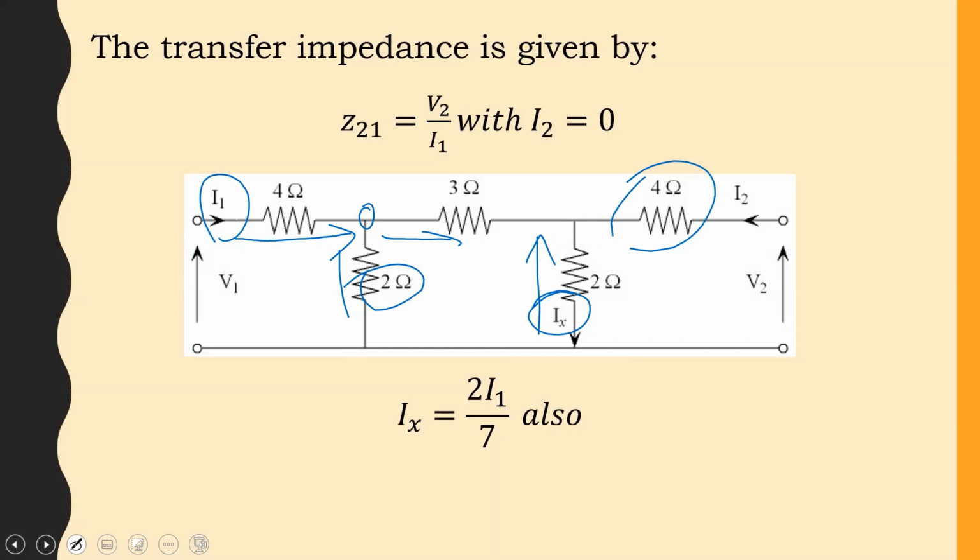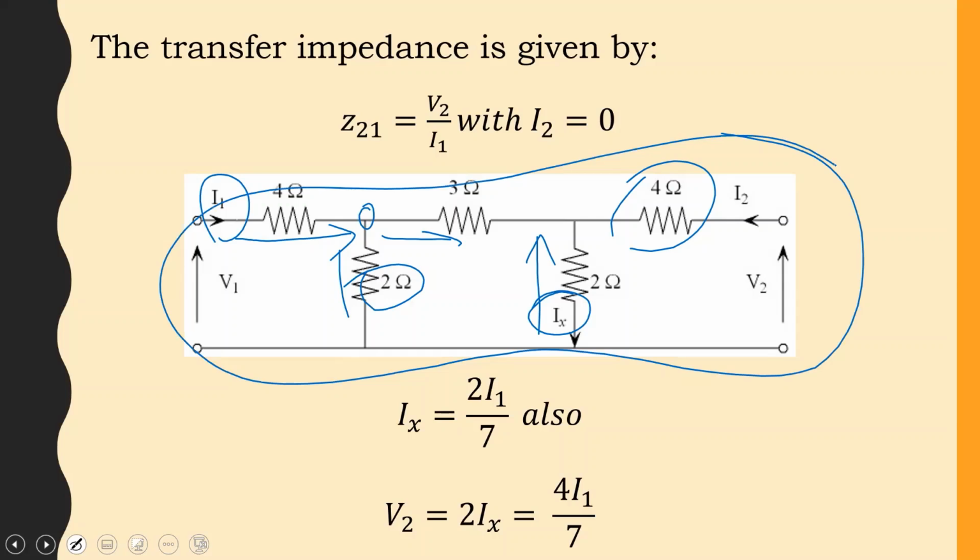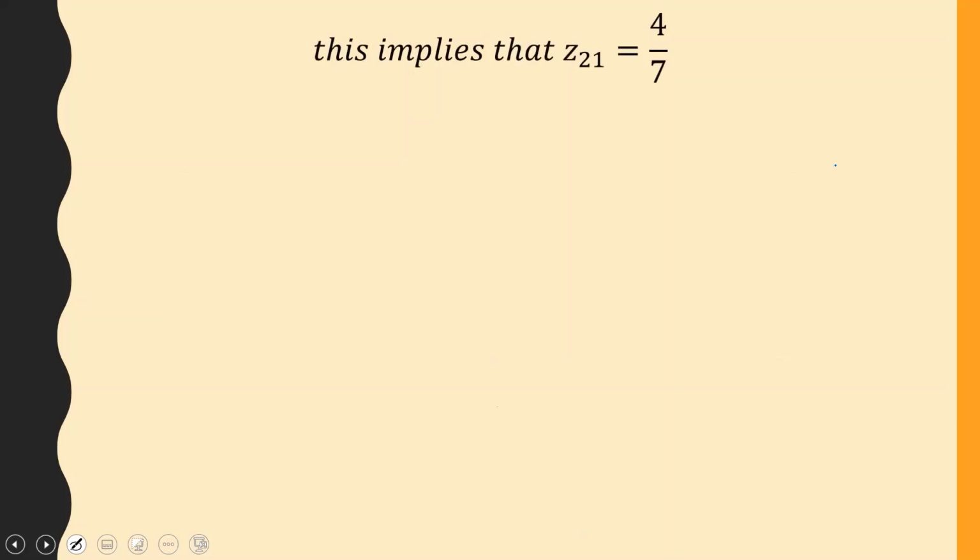We get 2I1 over 7, which means that V2 would be 4I1 over 7. Remember, you don't have to redraw this. Everybody cool with this? This means, therefore, that Z21 is 4 over 7.